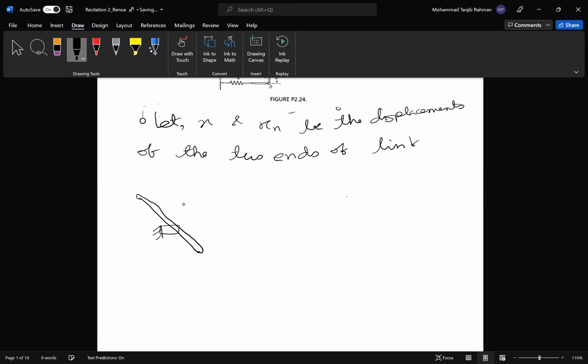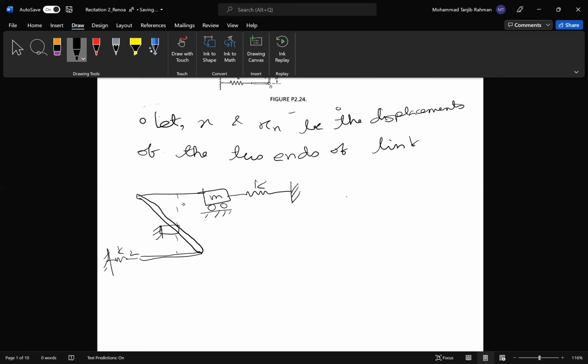So at this end, it is attached to mass M, and the spring is K. And at this point, it is attached to the spring with stiffness K2. So this was our equilibrium position.